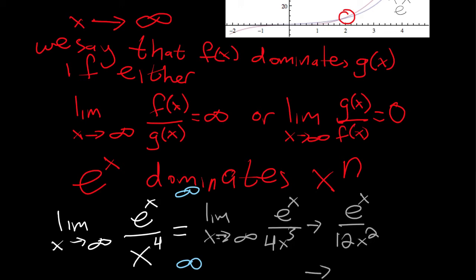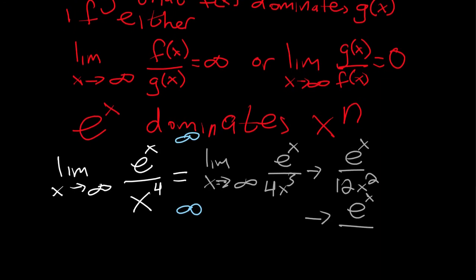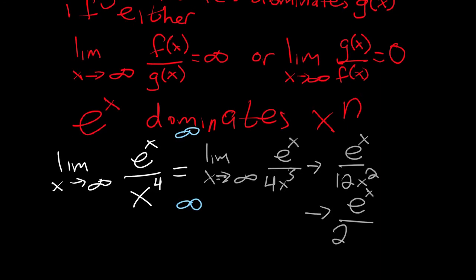Then the next time, top is e to the x again, and the bottom is going to be 24x. And then next time, top is still e to the x, and the bottom is going to be 24. And so then this is definitely going to infinity.